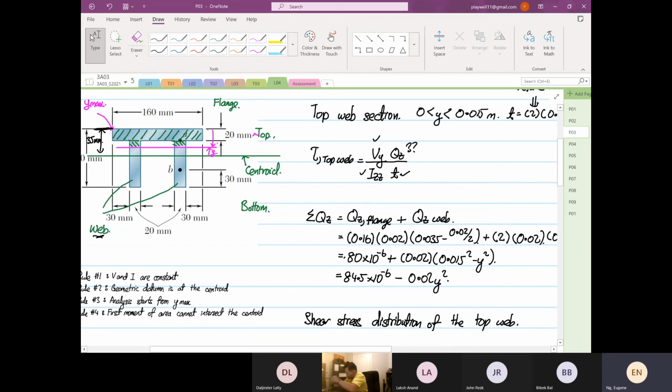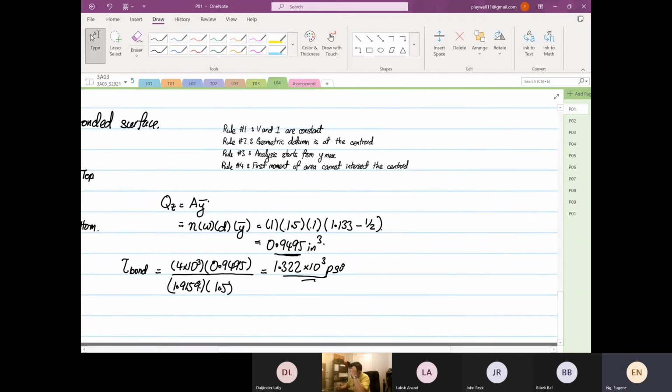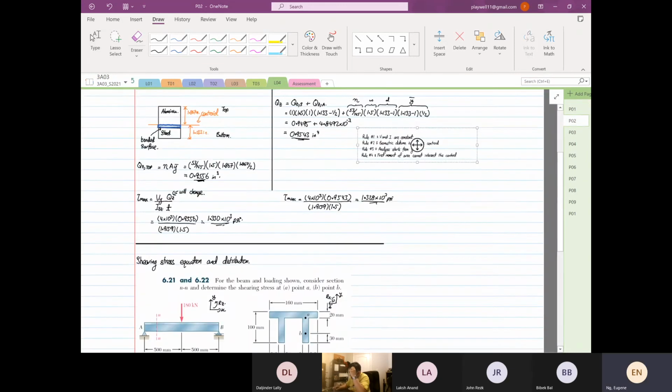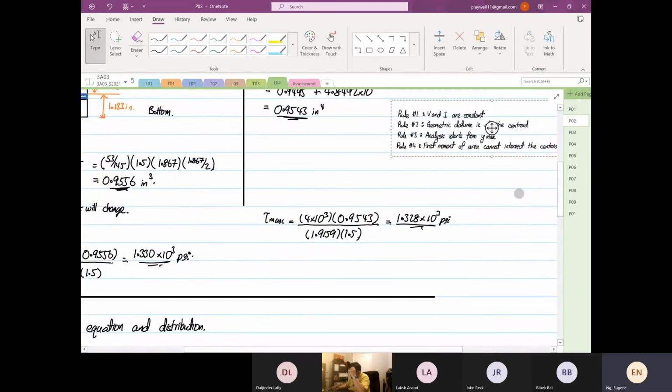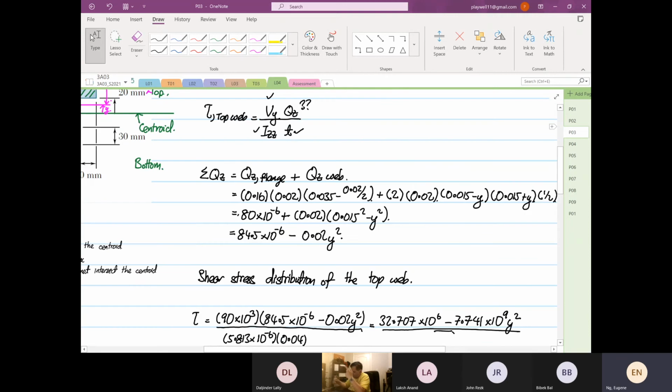Remember when we were doing this example, whether we analyze from the top or from the bottom, the results will be the same. Yes or no? I'm going to do the same down here. We'll look at the stress distribution from the bottom.